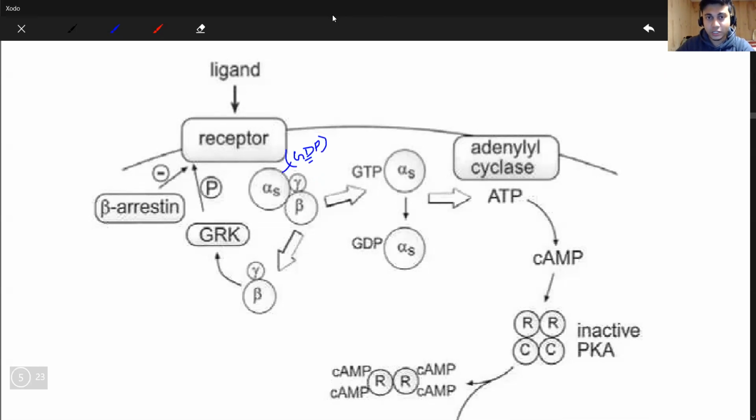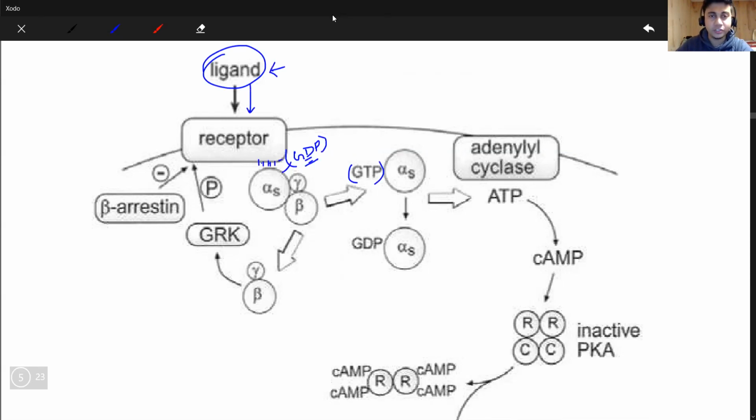Now, this GDP bound G protein is usually inactive. But whenever the ligand binds here to the receptor, there's some signaling that goes to that G protein, some signal it receives. And what it does, it attracts the GTP. The GTP is circulating in the cell.